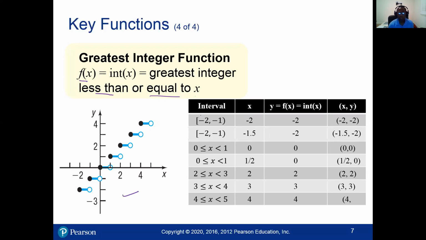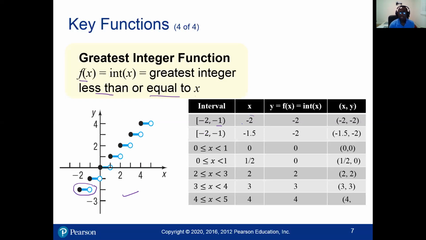For example, if you look at this point here, x is between -2 and -1, but it doesn't include -1. Within this interval, the y value is the greatest integer that is less than or equal to x.